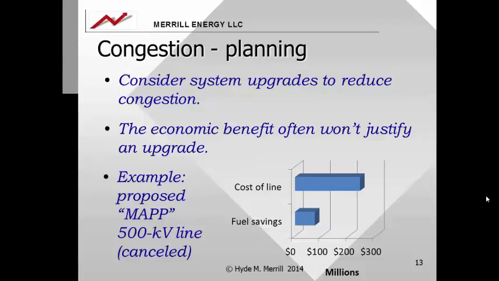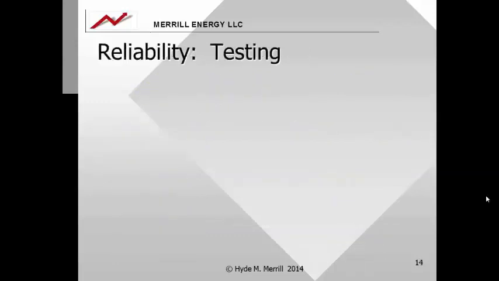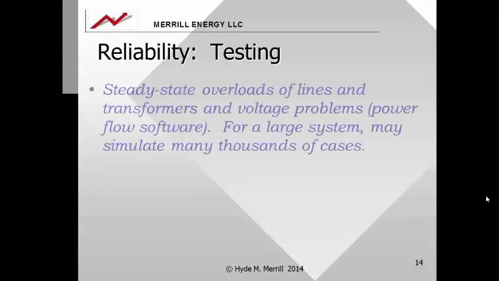So if transmission planners don't plan the system to eliminate congestion, why do they reinforce the system? They reinforce it for reliability purposes. Transmission planners test the future system, say 5 years out, in three major ways.